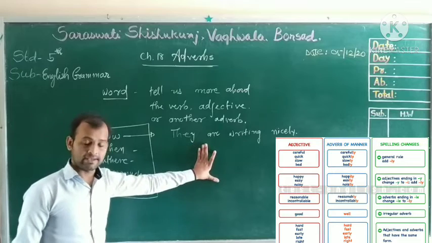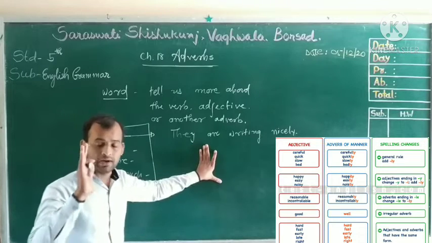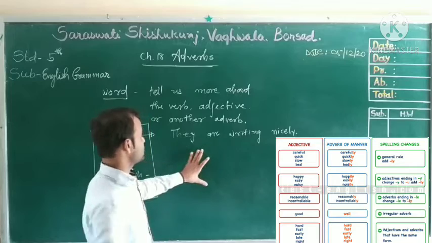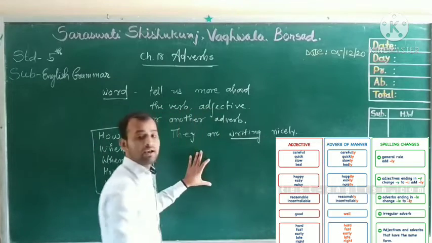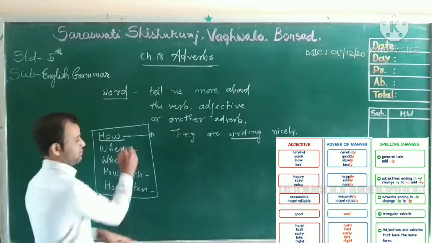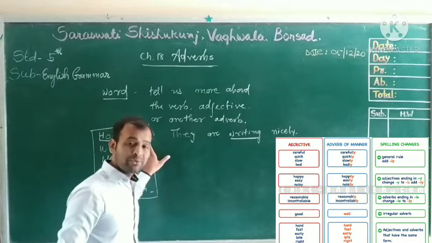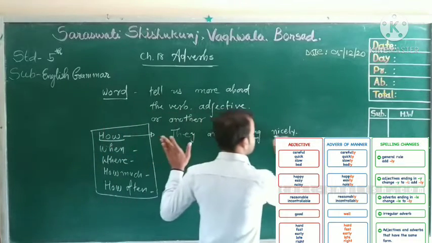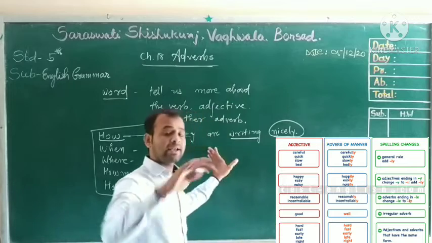They are writing nicely. So you have to ask a question to the verb writing. By which word? By how. If you ask a question by how, you will get the word nicely as the answer. How are they writing?